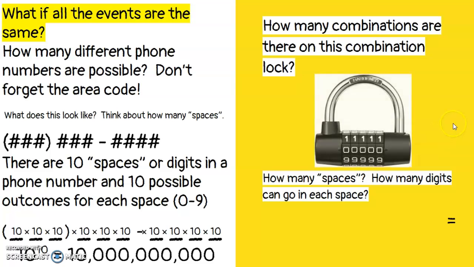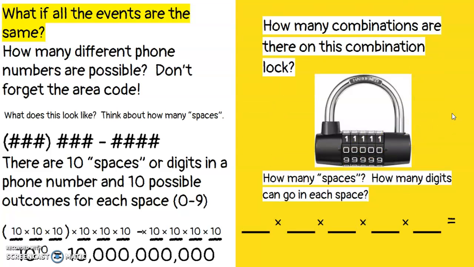In another example, we want to know how many combinations there are on this combination lock. Well, how many spaces or how many digits can go into each space? We need to think about those two things in order to determine how many combinations there are. Well, if we look at our combination lock, it looks like there are 5 spaces, and it looks like it goes from 0 to 9 again.